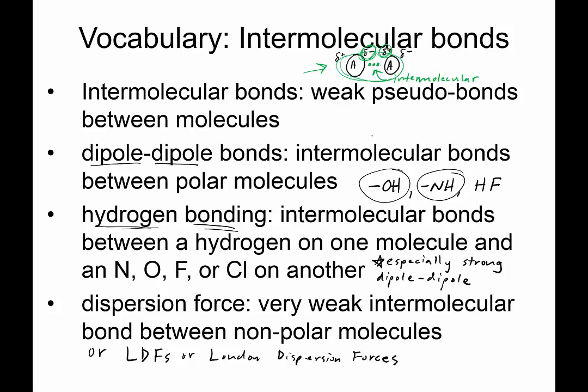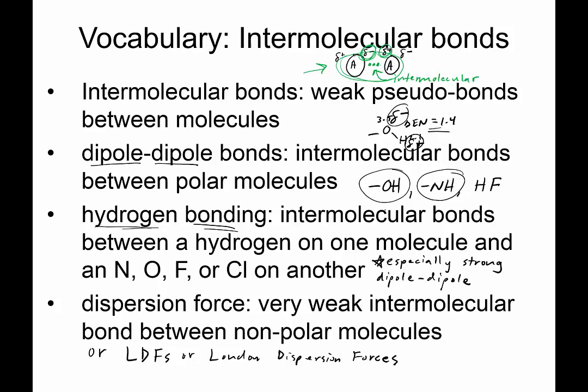And the reason is because there's a big difference between the EN for oxygen, which is 3.5, and hydrogen, which is 2.1. So the difference in EN there is 1.4, and that's pretty big relative to differences in ENs. So it results in a heavily partially negative oxygen and a heavily partially positive hydrogen.